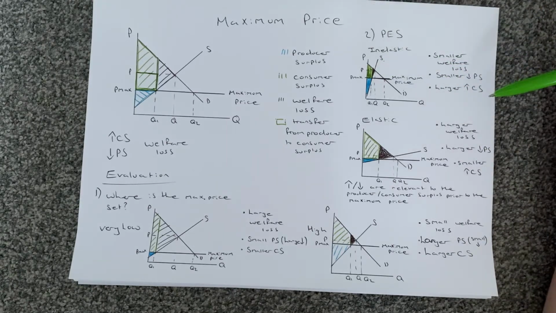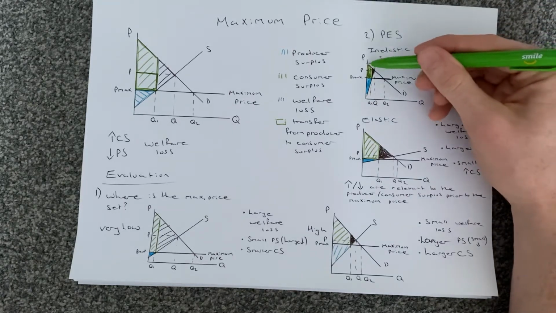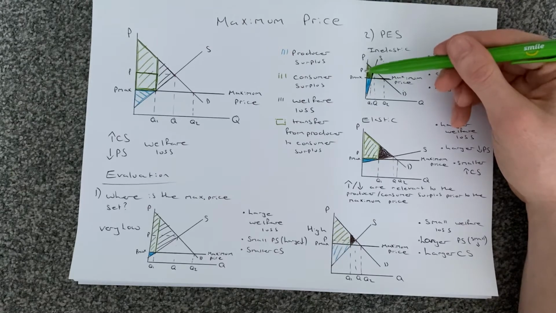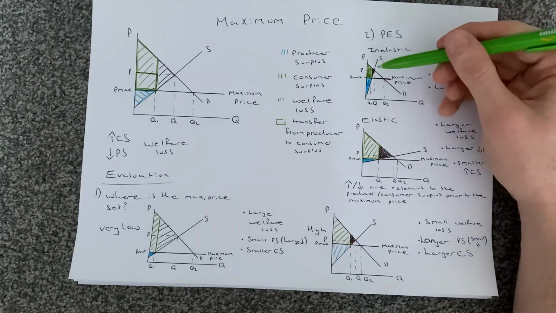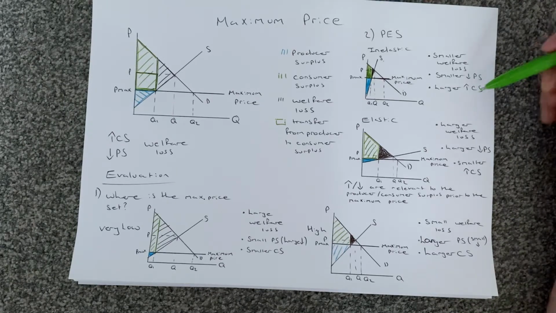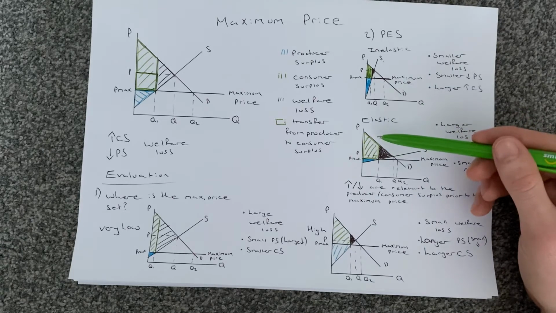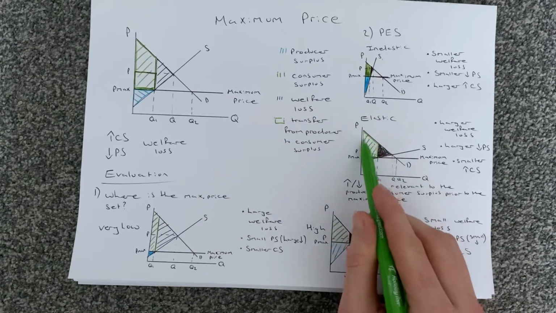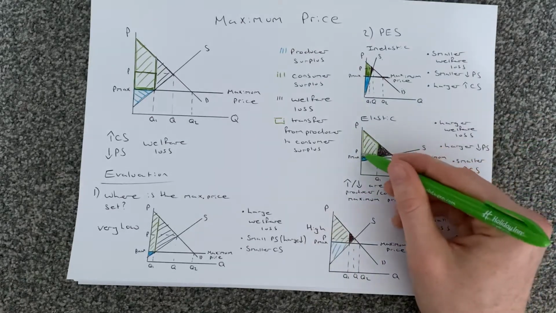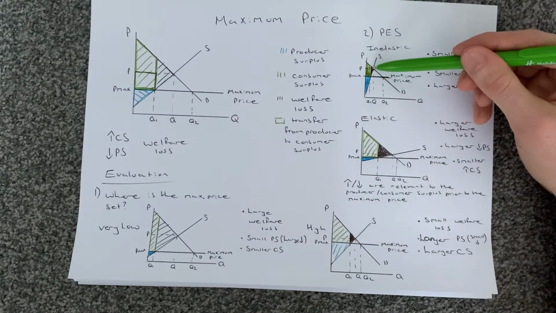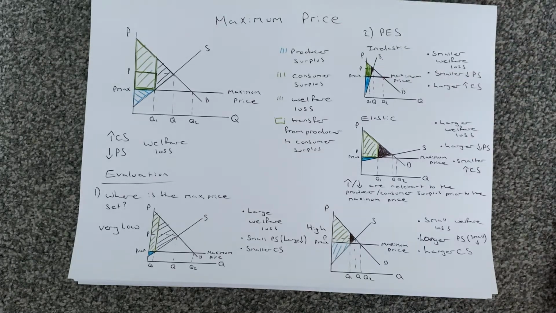We see a larger increase in consumer surplus, because if we have a look, this very tiny top triangle would have been our original consumer surplus, but we see that far greater drop in price from P to P max, and that leads to a much greater increase in consumer surplus in comparison to when the price elasticity of supply is elastic. There we see this very large triangle would have been the original consumer surplus, but it only increases by this small rectangular area there, which is obviously not as great an increase as the increase here, when compared to the original consumer surplus.